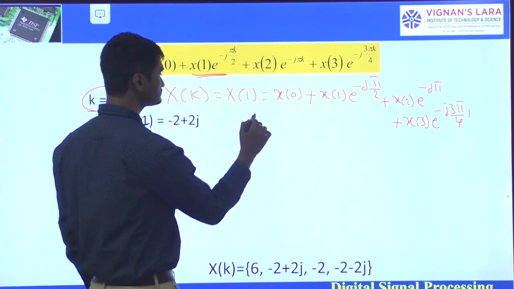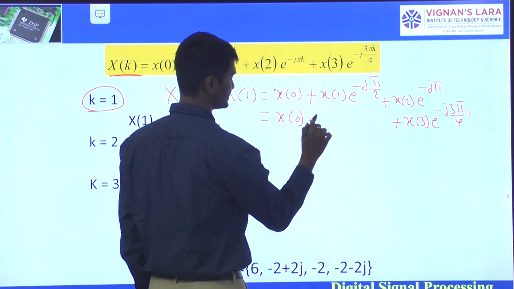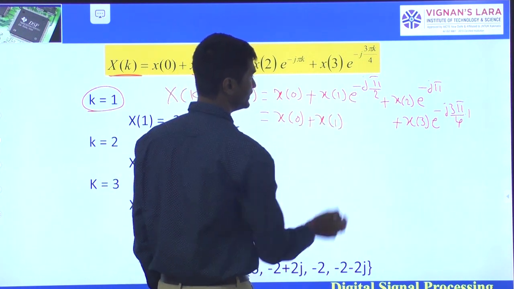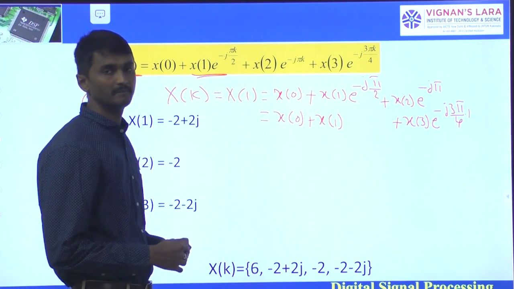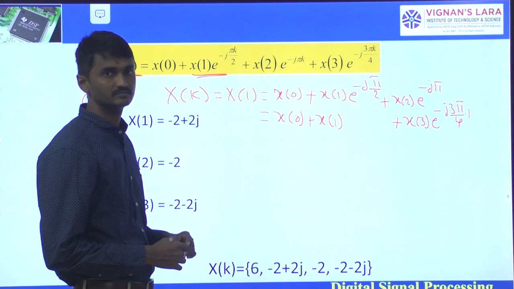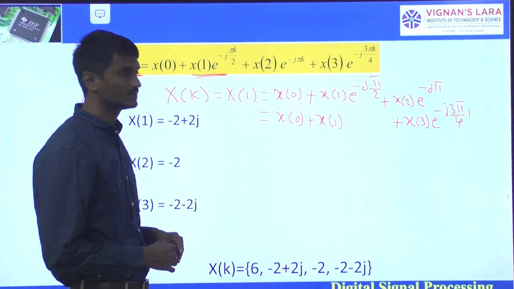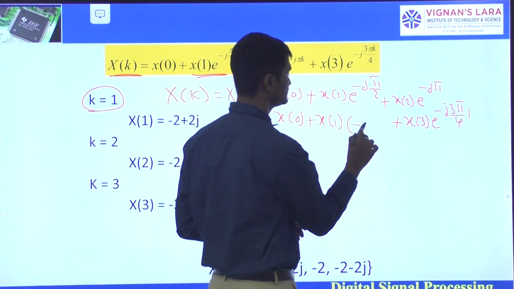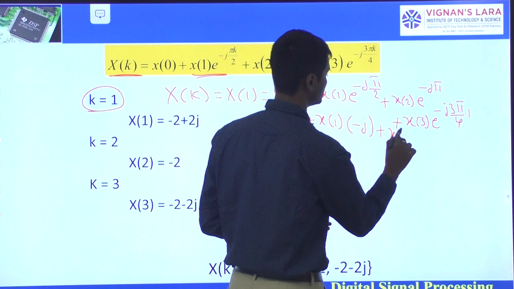Right? So these are the values. X of 0 plus x of 1 e power minus j pi by 2, that is cos pi by 2 minus j sin pi by 2. Right? So cos pi by 2 is 0. So minus j sin pi by 2, that is minus j. Okay, it is minus j plus x of 2.